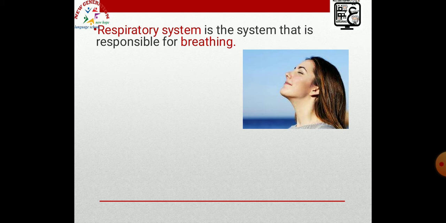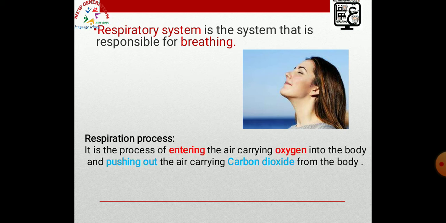Again, the respiratory system is a system that is responsible for breathing, as you see in this picture. So we can breathe by using our respiratory system, by using the respiration process. So what is the meaning of respiration process?